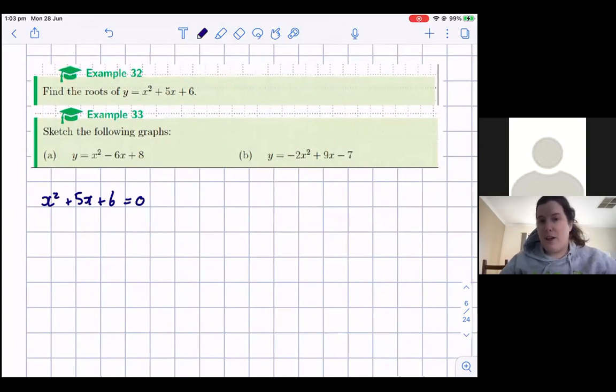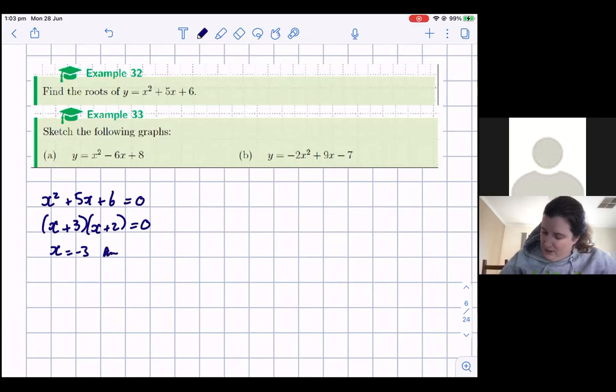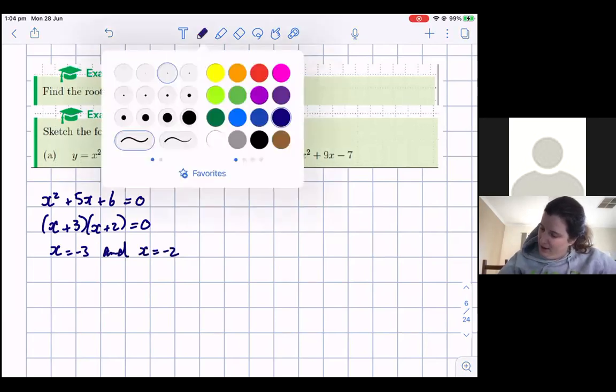So the two things that multiply to give 6, add to give 5: 3, 2. Don't forget, when you're solving these, you're trying to solve when this whole thing comes out as 0. This will come out as 0 when x is -3, because -3 plus 3 is 0. And x is -2. Okay.